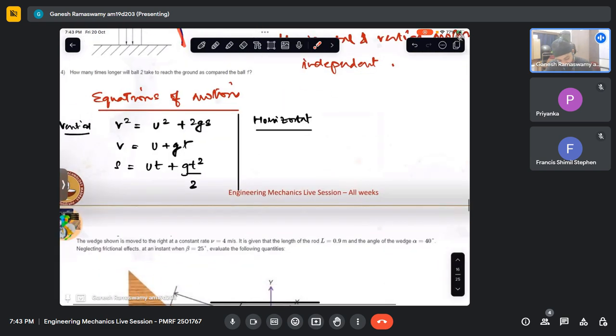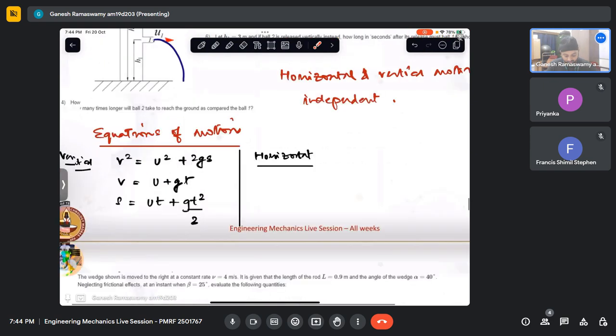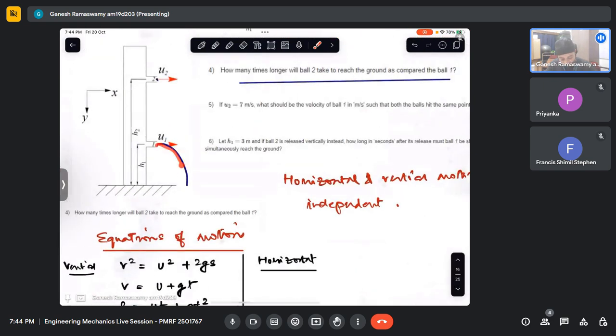Since the acceleration is 0 and the horizontal velocity is u1, we can easily see what distance it will traverse and how much time it will take to reach the ground. So that way we can calculate the time taken for this and the time taken for this independently.